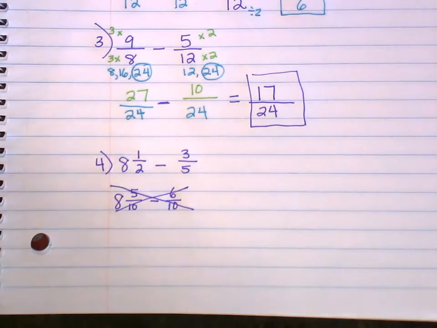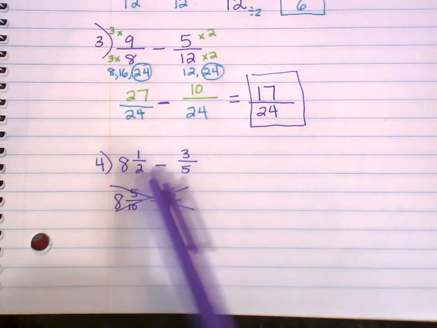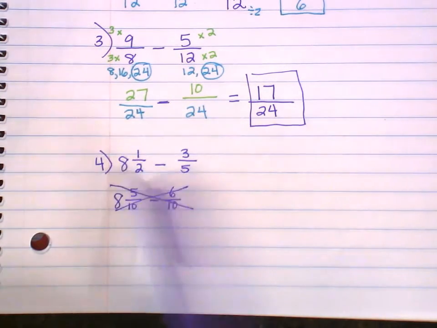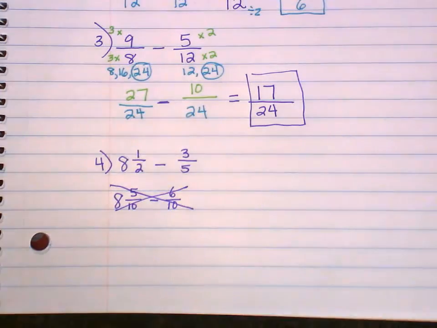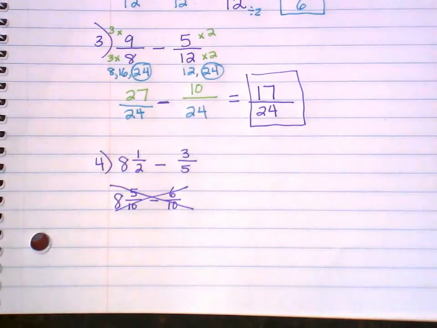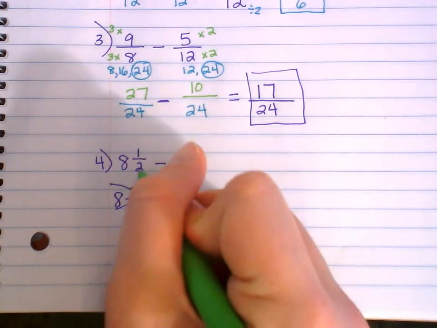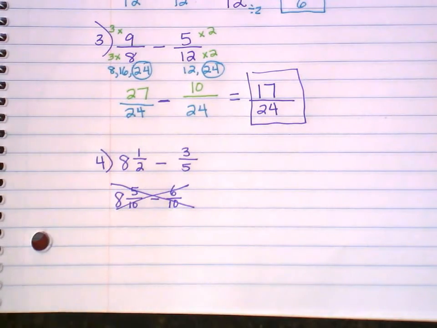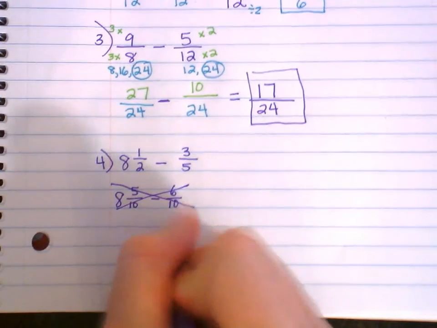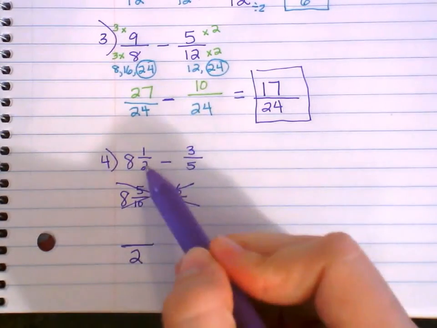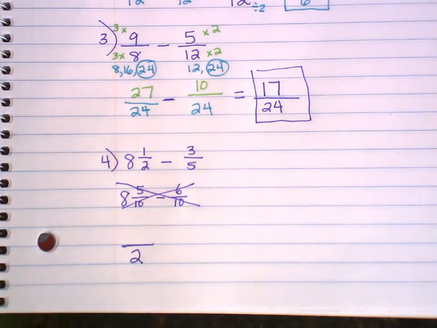Okay? So this is when we're going to have to get into changing the mixed number to a fraction greater than 1. So, you guys have done this before. You've changed mixed numbers into improper fractions. So you keep the denominator the same. The denominator is 2, so you bring the 2 down there.